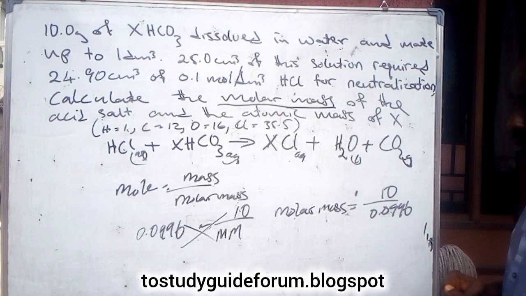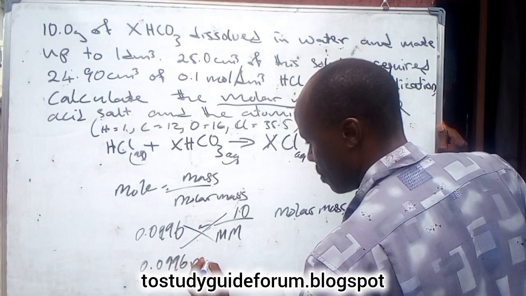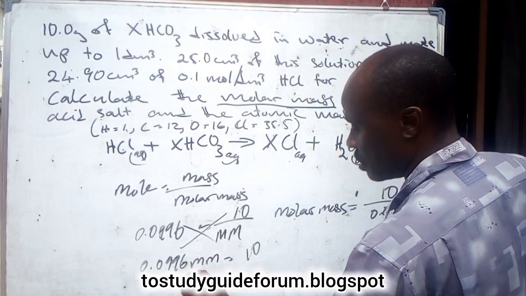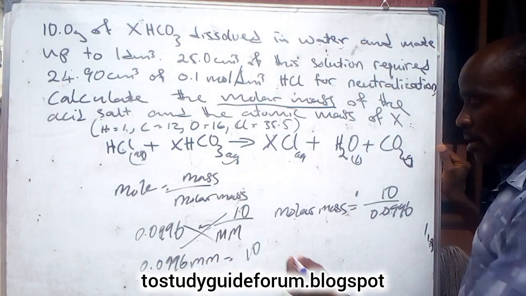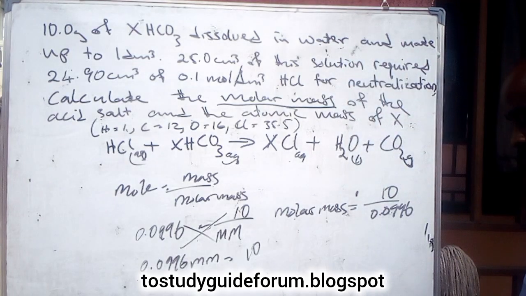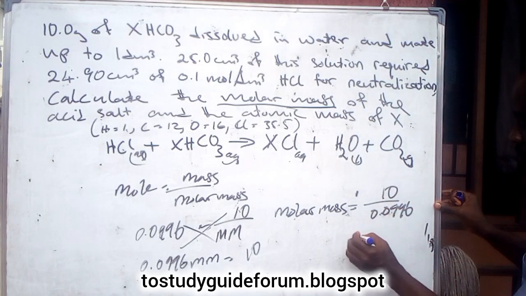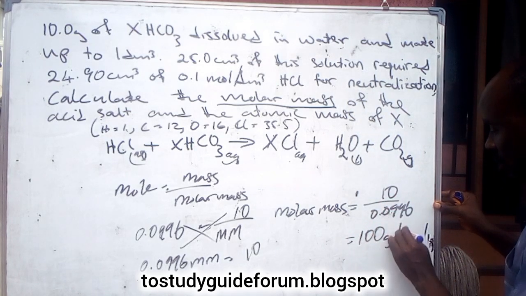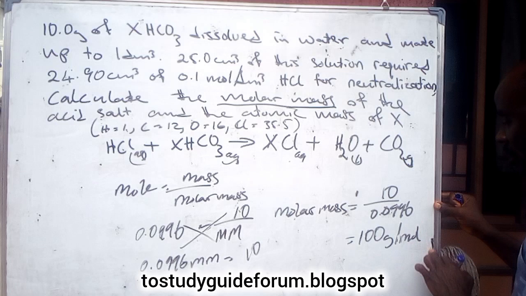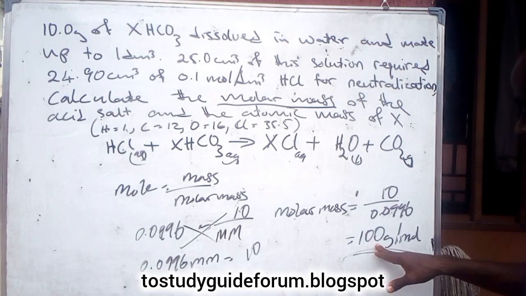And that's what we are going to get, which is equal to 100 grams per mole, because the unit of molar mass is gram per mole. We can say it's 100 grams per mole.